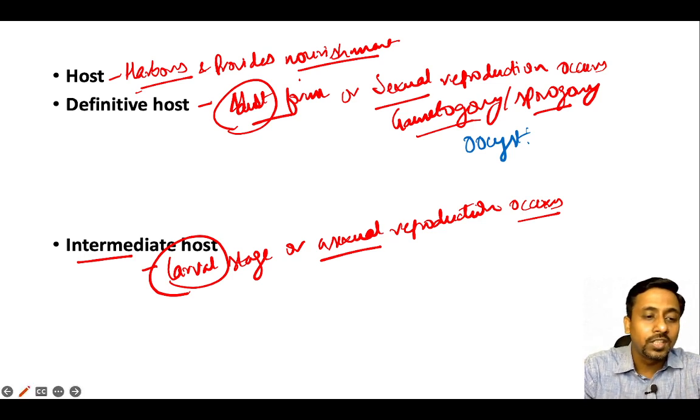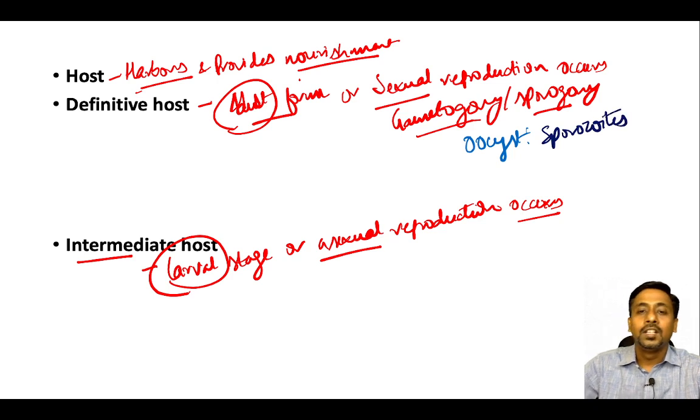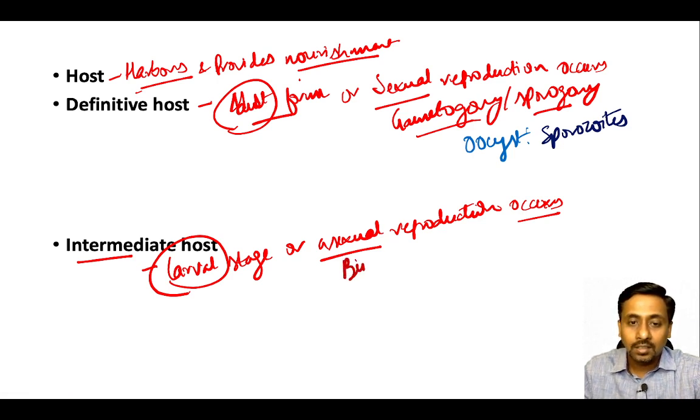The oocyst contains the sporozoites, and asexual reproduction occurs by binary fission.